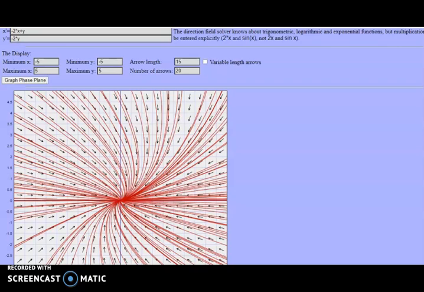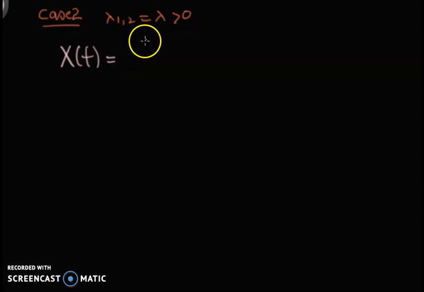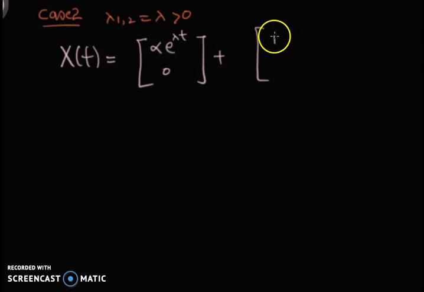Now if lambda is greater than 0, I hope you have guessed what will happen. Consider case 2, where lambda 1 equals lambda 2, which is the same lambda, and now it is positive. Then we know that the solution x of t is given by alpha e to the lambda t times (1, 0) plus beta t e to the lambda t times (1, 0) plus beta e to the lambda t times (0, 1).